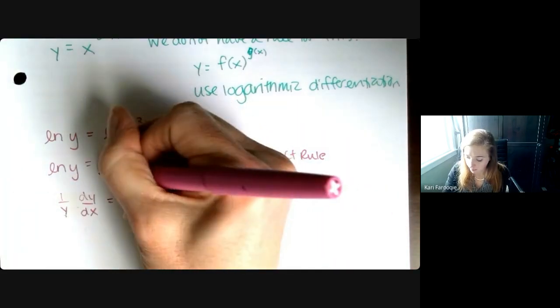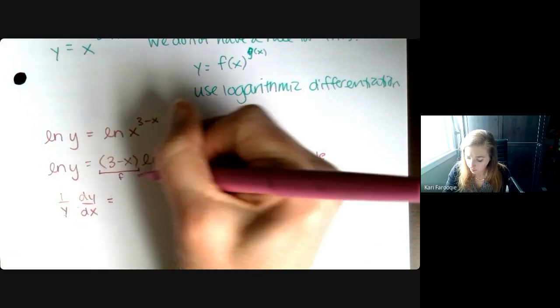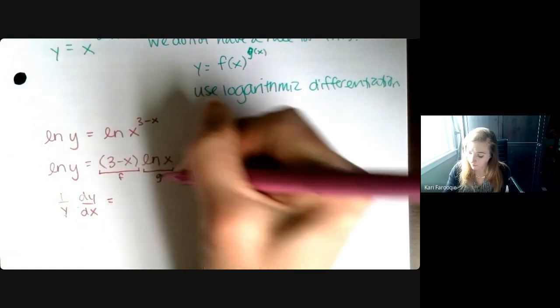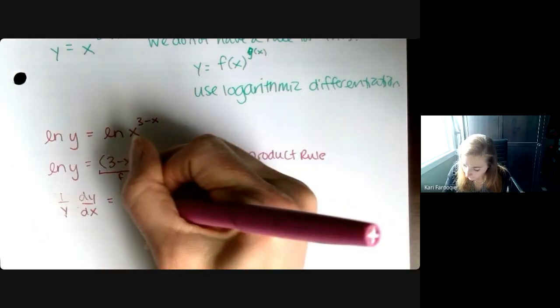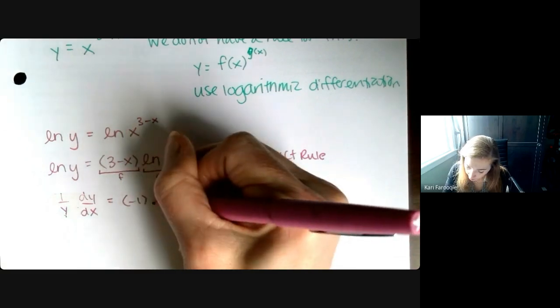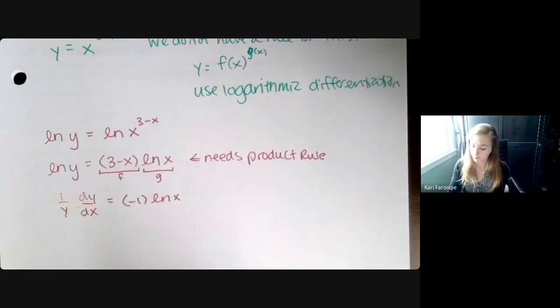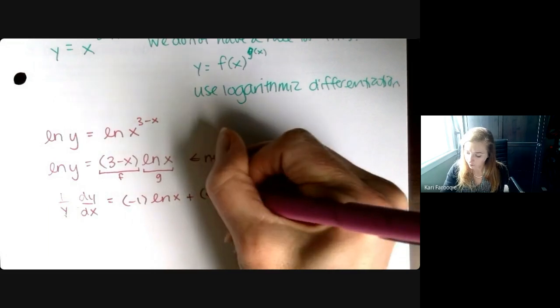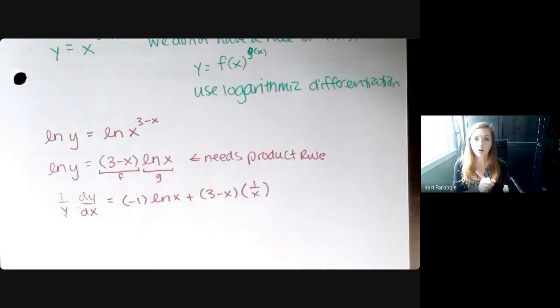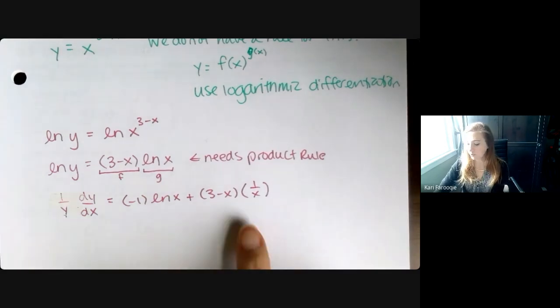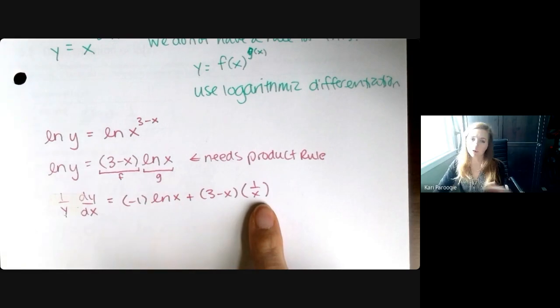We can let our factors be f and g. F prime is negative 1 times g, plus f times g prime. Derivative of the natural log of x is 1 over x. And again, don't freak out because you took this derivative and the ln went away. That happens.